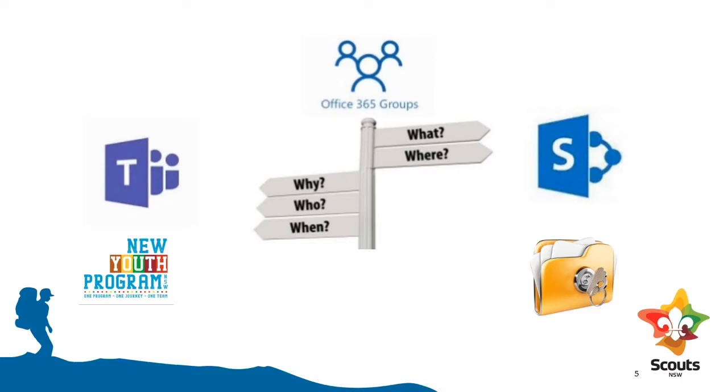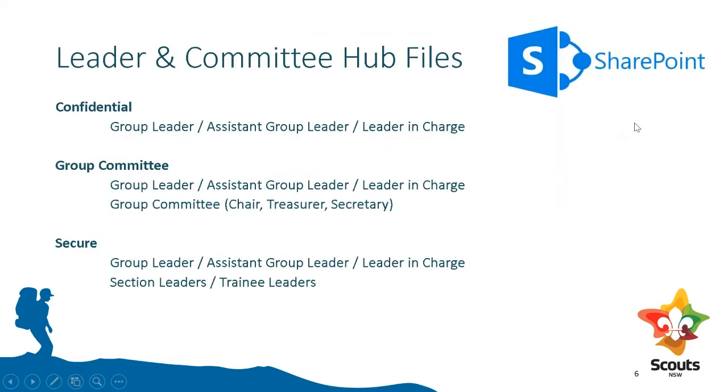So we've had a look at those again tonight. We introduced the Leader and Committee hub last week, and we also had a lot of questions around permissions. So we decided to make it nice and simple for you.